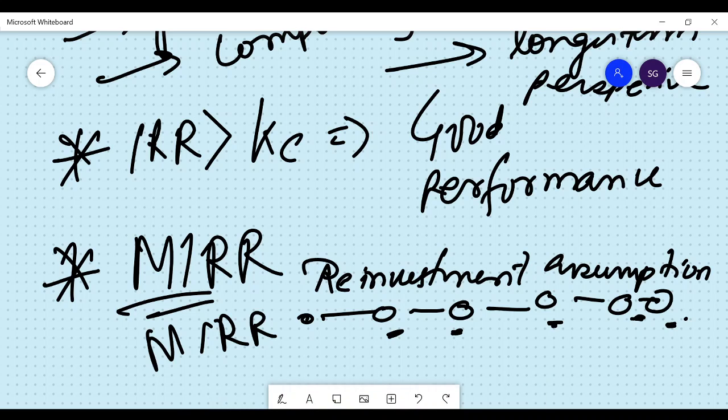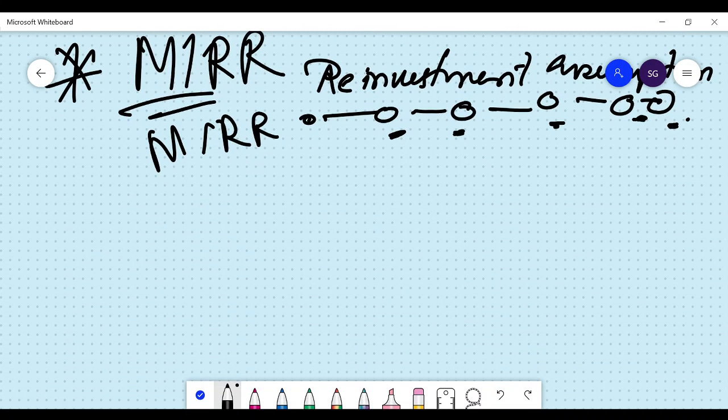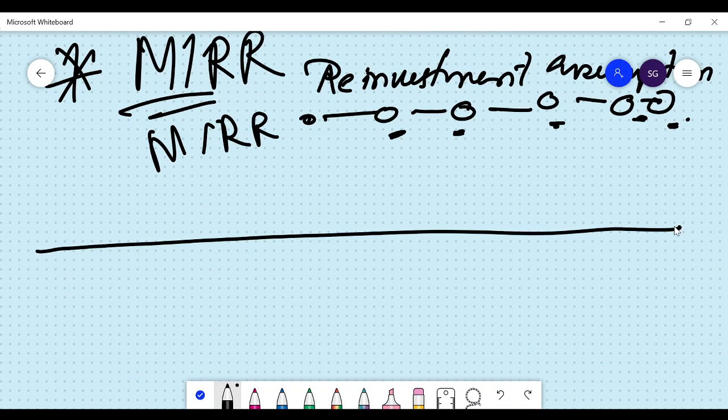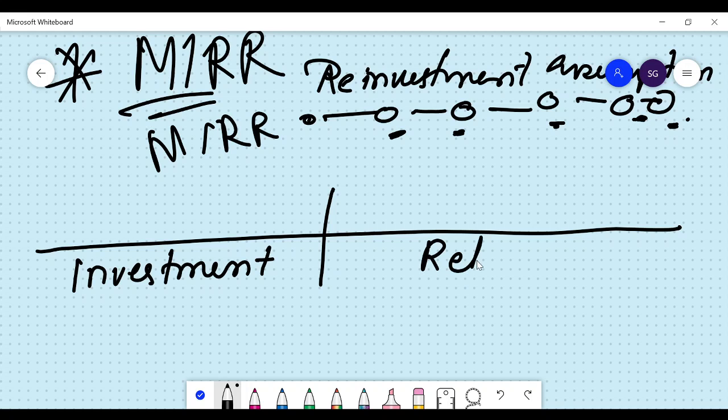What happens in MIRR is we segregate the cash flows into two phases. One is the investment phase and then the return phase.